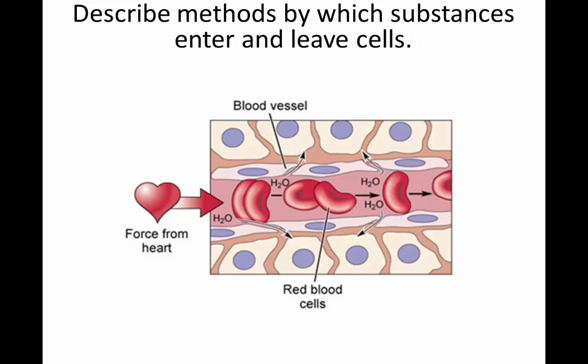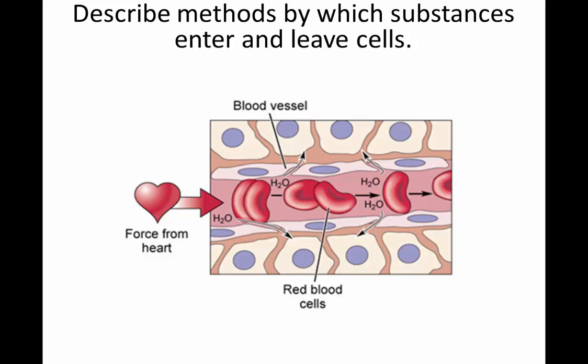And so this actually happens in our bodies. As our heart beats and pushes blood through our blood vessels, we can actually have water leak out of our capillaries, out of our blood vessels, into the tissue space around our capillaries and blood vessels. Water can leave, other chemicals can leave as well, and we'll look more at that when we get to the cardiovascular system later in the course.